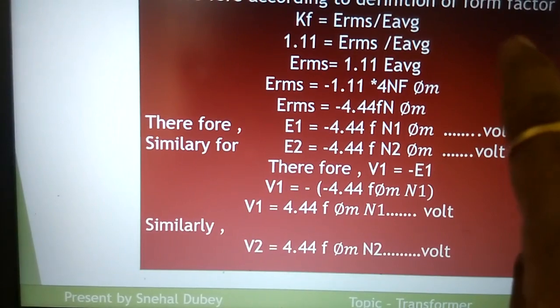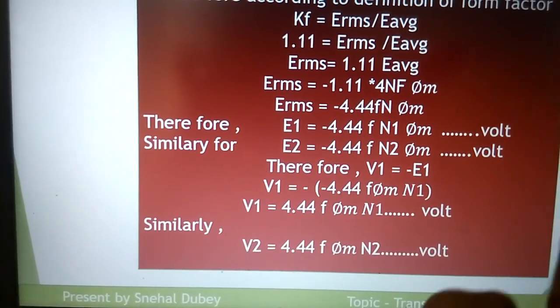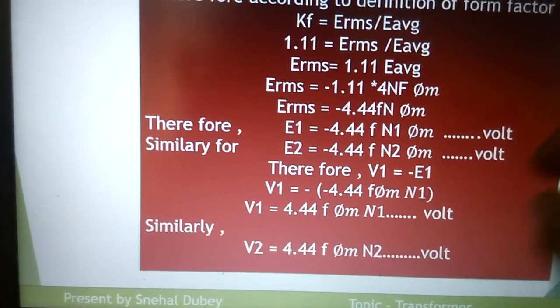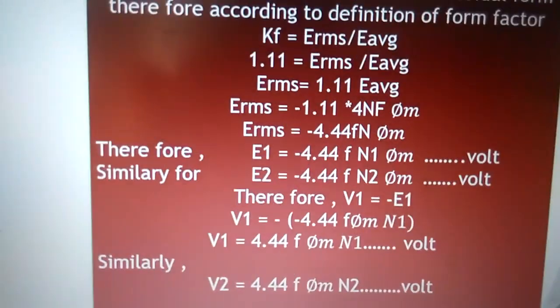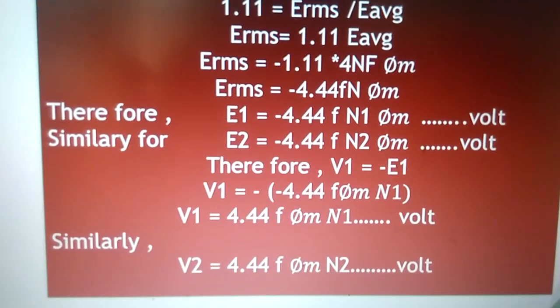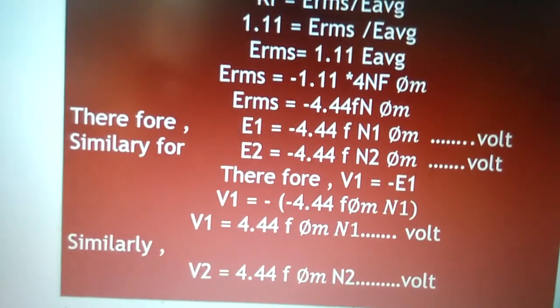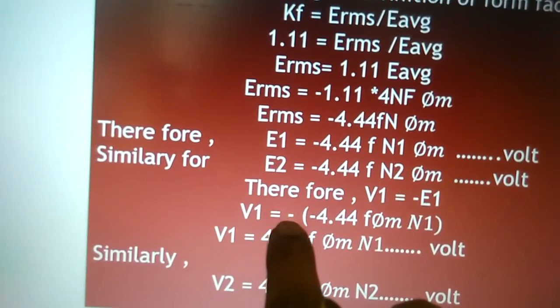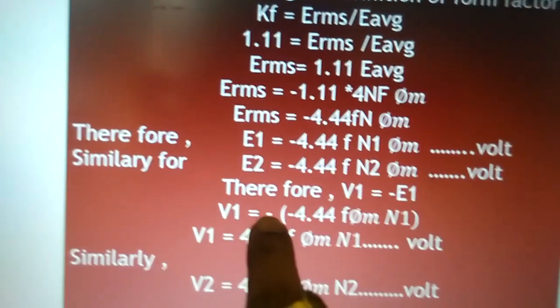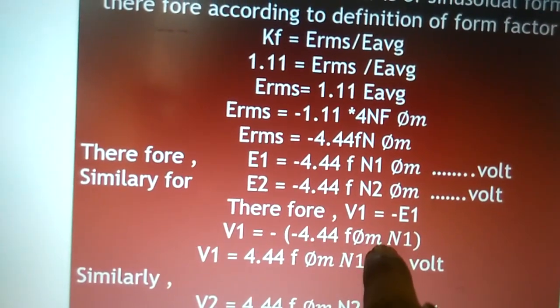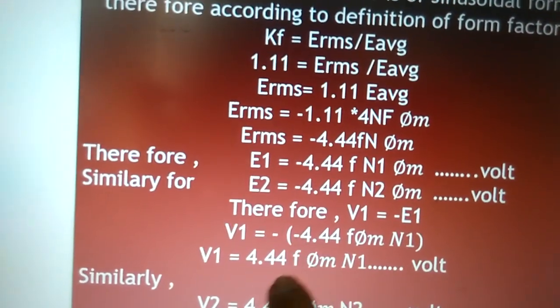It may be possible that they are equal to each other in magnitude, but they oppose each other as well. Therefore V1 is equal to minus 4.44 f into phi m into N1. That means this minus sign comes according to Lenz's law.